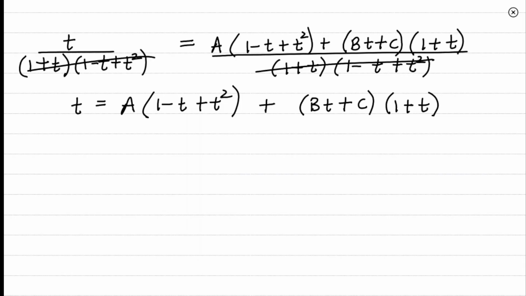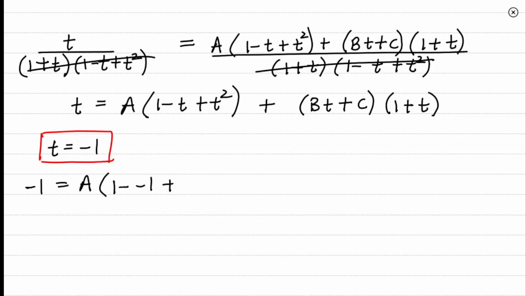For example, if I put t is equal to minus 1, this entire expression will become 0, and you will end up getting the value of a. So let's start by putting t equals minus 1. Just substitute minus 1. So minus 1 equals a times 1 minus minus 1 plus minus 1 square plus, notice that if you put minus 1 over here, this entire thing is just going to become 0.